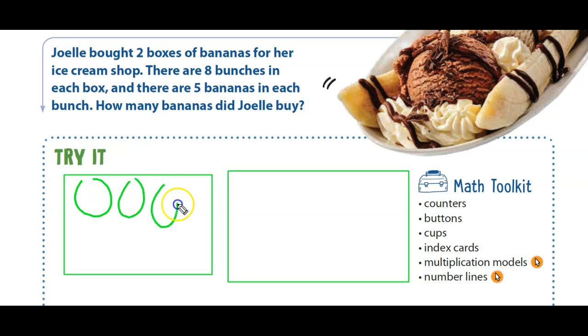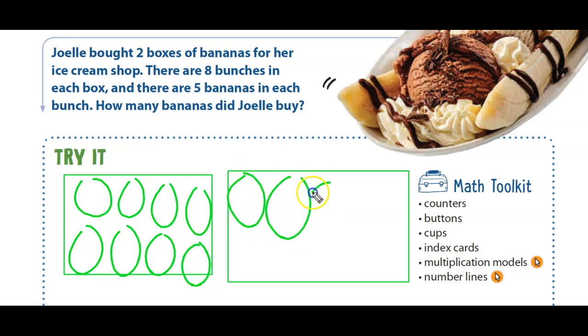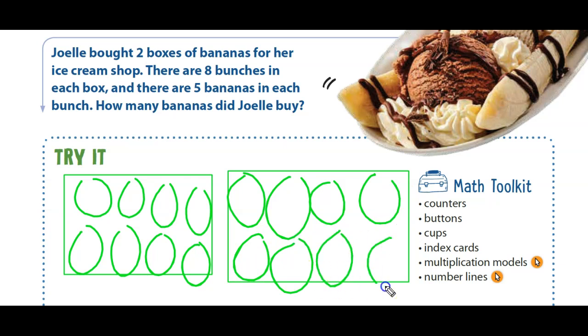1, 2, 3, 4, 5, 6, 7, 8. Make sure I'm able to fit 8 of them in here. Okay? And then how many in each box? And there are 5 bananas in each bunch. So I make sure that I make the boxes a little bit bigger because I'm going to add things inside.